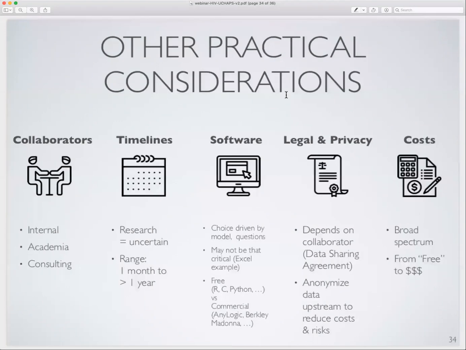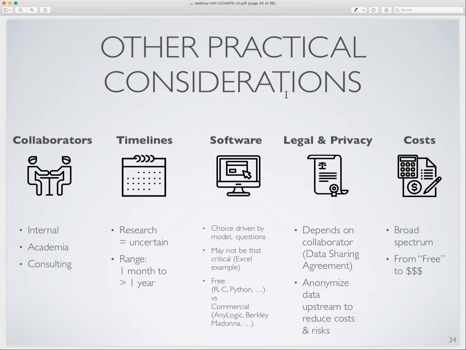And finally, probably the most important item is the cost. And again, how much a modeling project will cost you really depends on the specifics of the project and your institution.